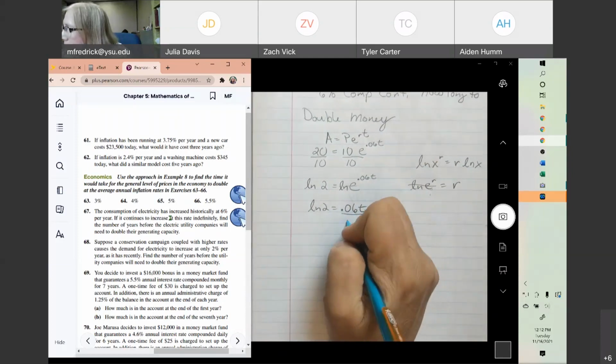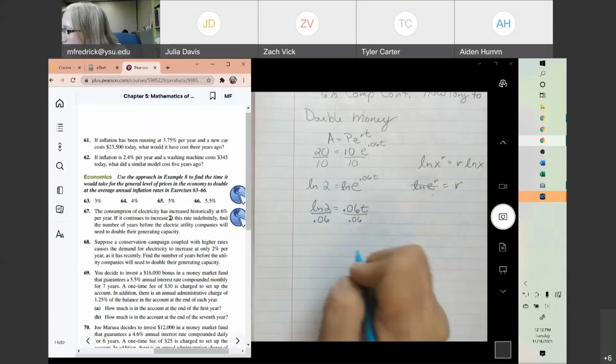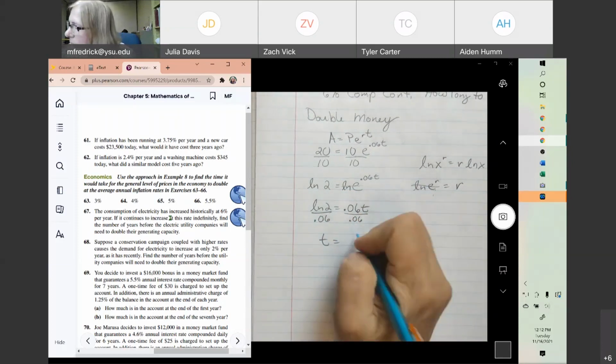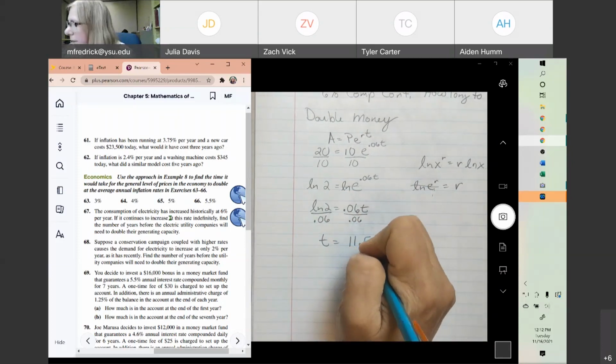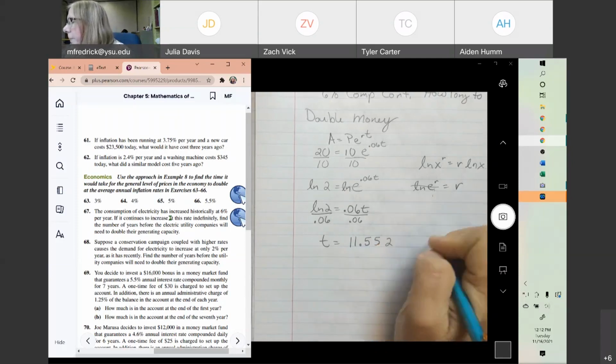And then you divide by the decimal. You should get 11.552, so on. 11.6 years.